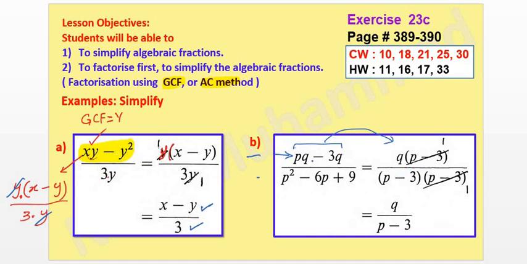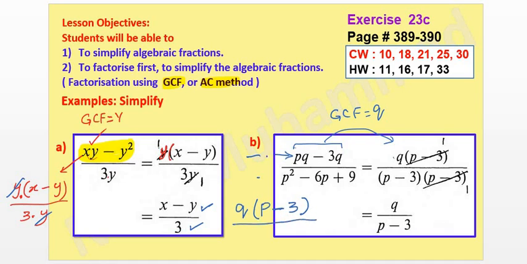Now pq minus 3q, so q is the GCF, so you can pull out the GCF q outside. What will you get inside? It's p, because q has gone outside, and then minus from 3q, q has gone outside, so only 3 will be left. So this is how the factorization of the numerator will be done.